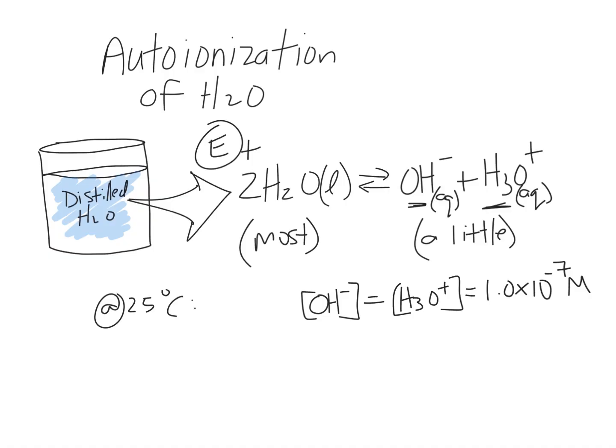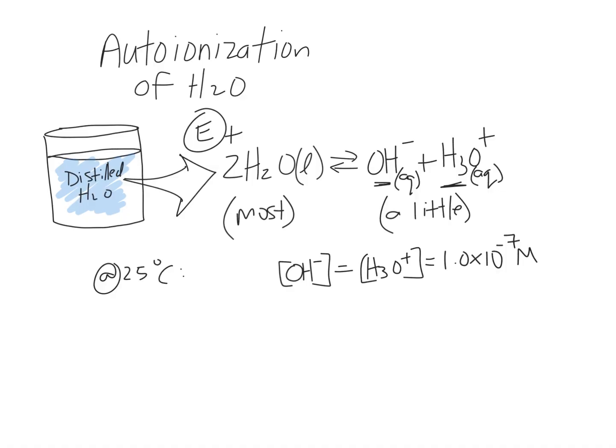Okay, so the thing about this is that you'll recall that we looked in the last lesson about how we could calculate pH. And we said that the formula for that was that pH is the negative log of the H3O plus or of the H plus concentration.